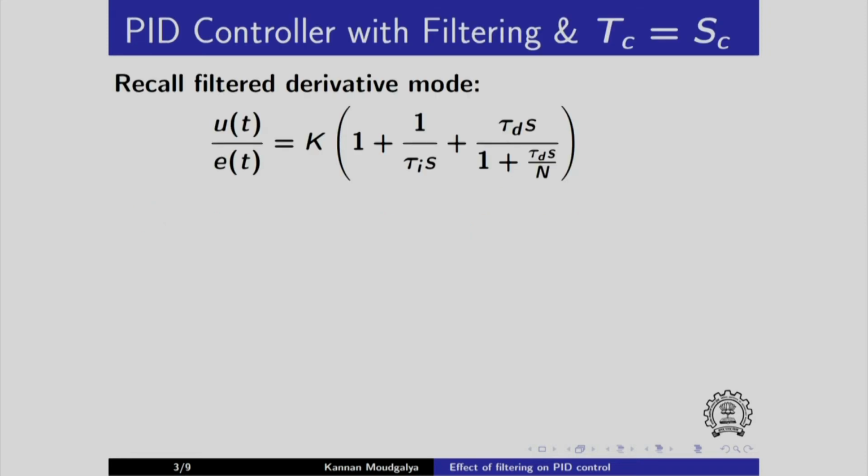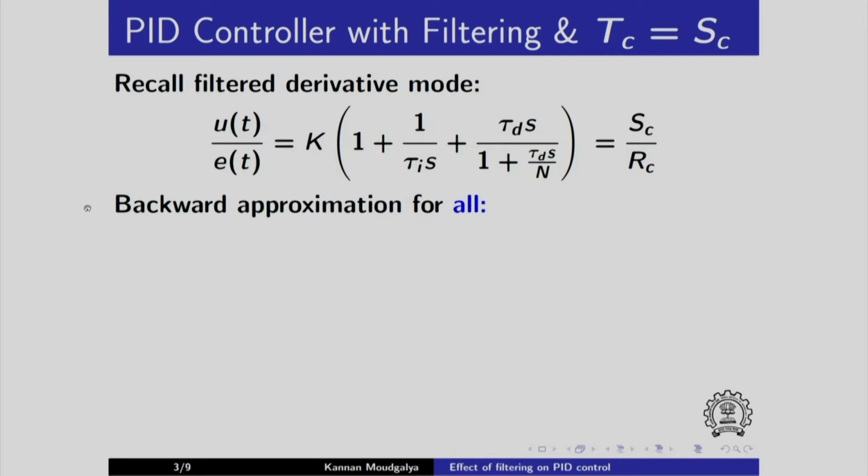Recall the filtered derivative mode. Instead of using simple tau d s for the derivative mode, we have a larger denominator term with this tuning parameter capital N, and this is equal to SC by RC.